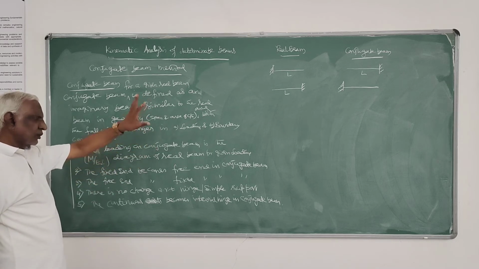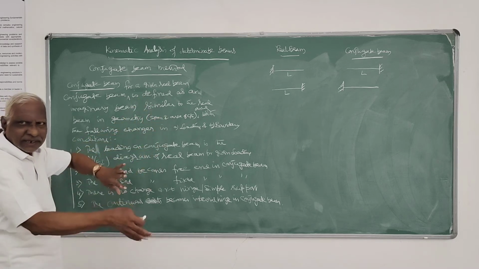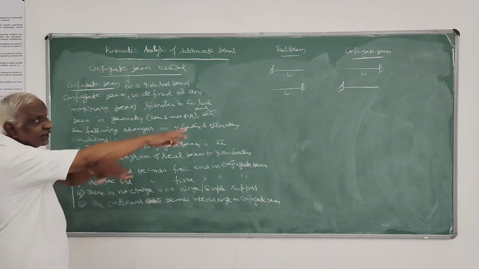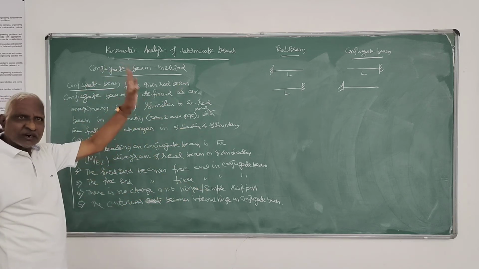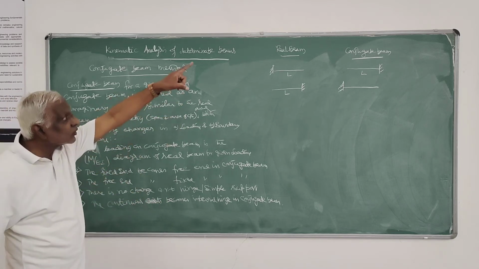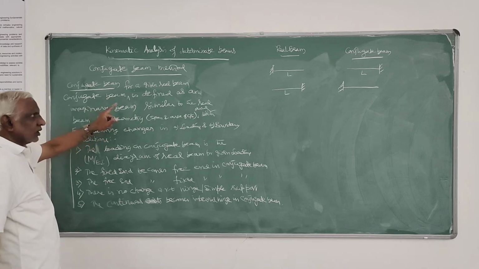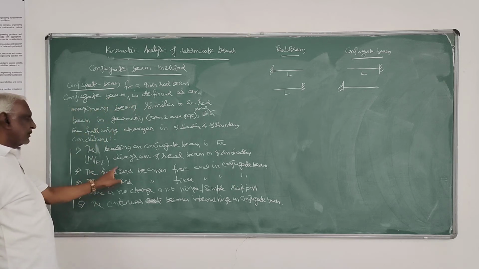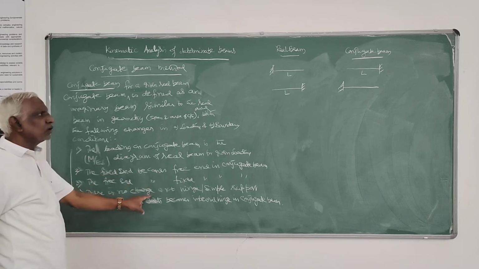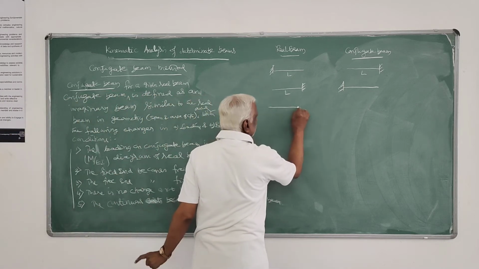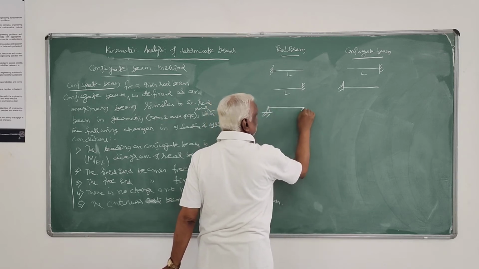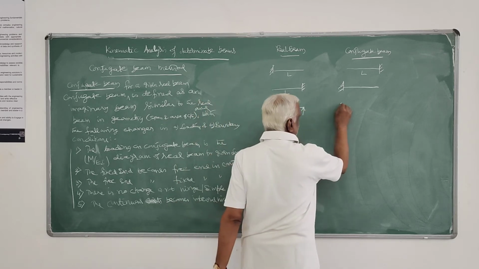That takes care of whatever I have told here. The loading I have not considered, because the M diagram, whatever is there, you take that and load it on the conjugate beam. For the real beam, whatever load is there, for that whatever bending moment diagram you get, that you have to load. That's all. Then here the fixed end becomes free, the free end becomes fixed, and there is no change in this. Suppose the real beam has a hinge like that, so there is no change.